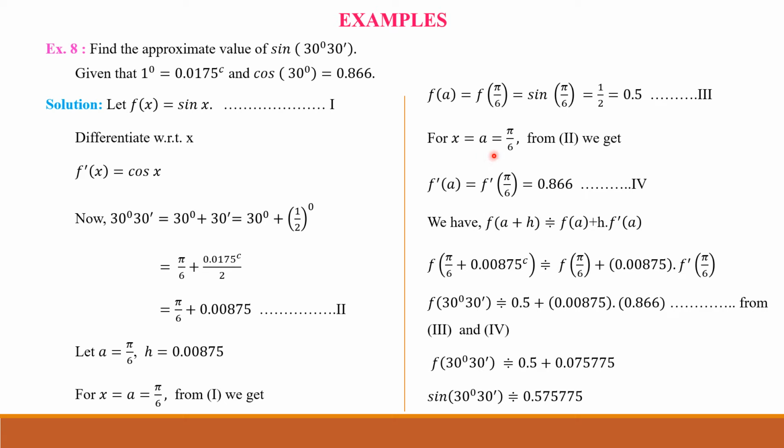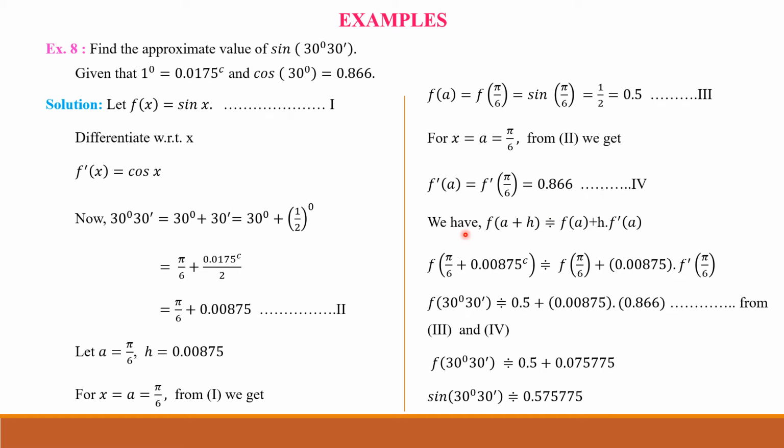For x equal to A equal to pi by 6, from equation 2, the derivative f dash of x is cos x. Hence f dash of A, f dash of pi by 6 equals cos of pi by 6. Cos pi by 6 means cos 30 degree. We are given that cos 30 degree is 0.866.